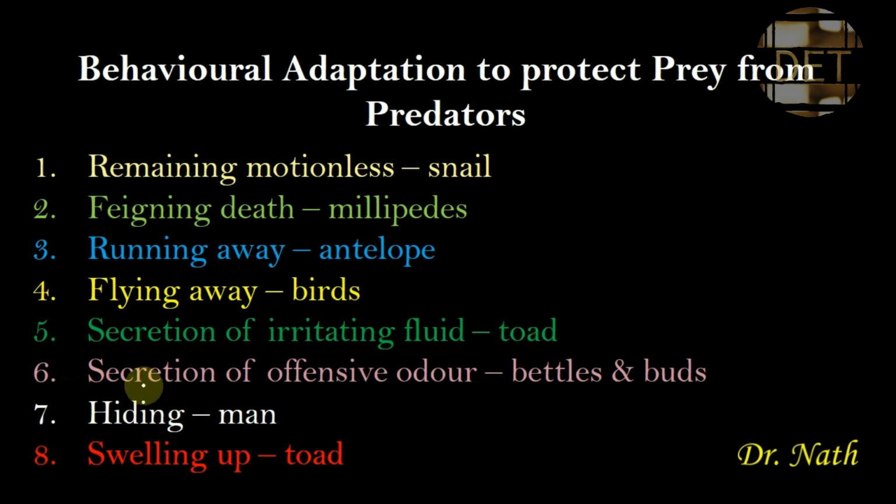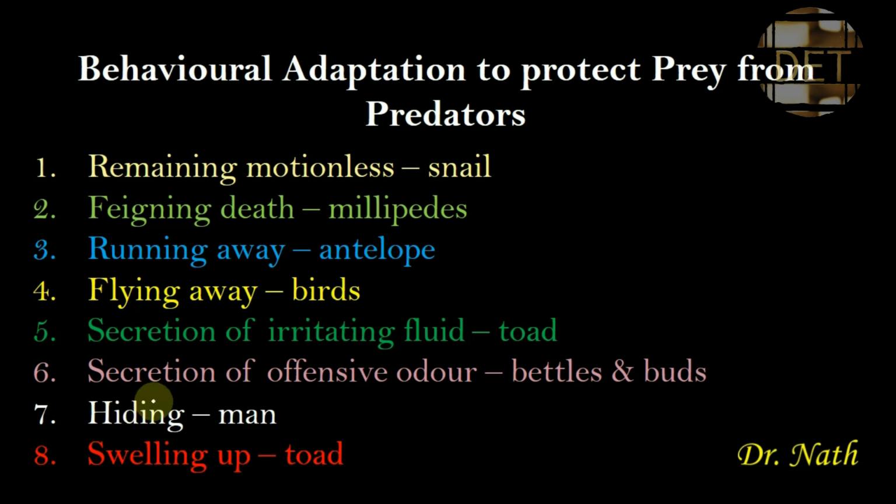Then we have 6, secretion of offensive odor, and this is seen in organisms like the beetles and birds. If these organisms come in contact with their predators, they secrete offensive odor. That offensive odor is a behavioral adaptation that will protect the beetles and the birds from their predators.